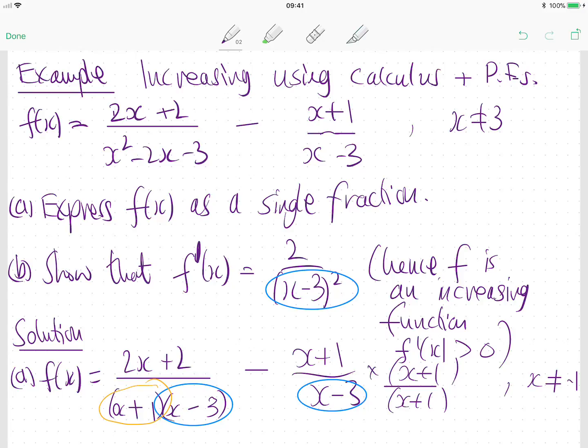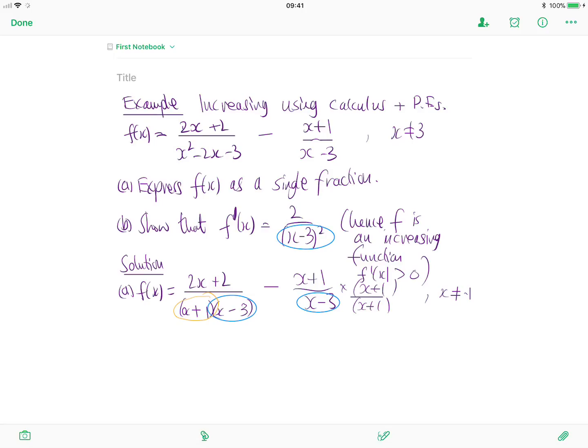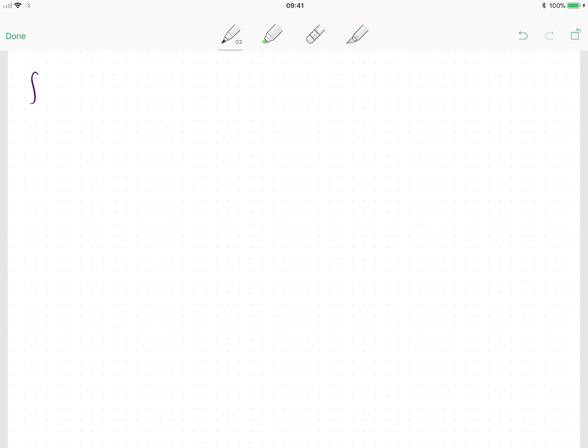Okay, so now we've got a common denominator, we're ready to collect everything together. Let's do that on a clean page. So our function, because the bottoms are the same, we can just collect the top.